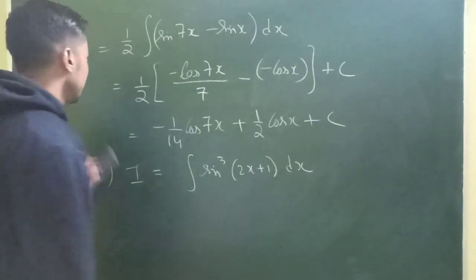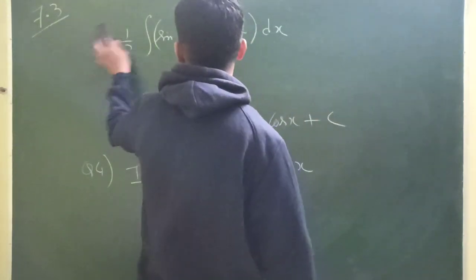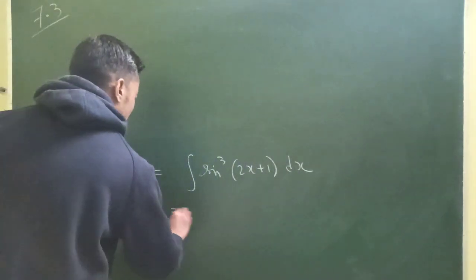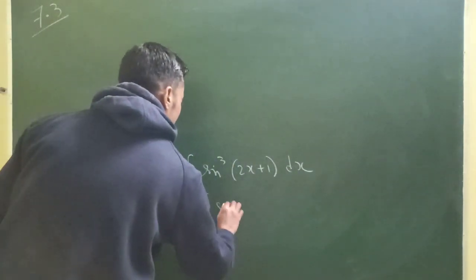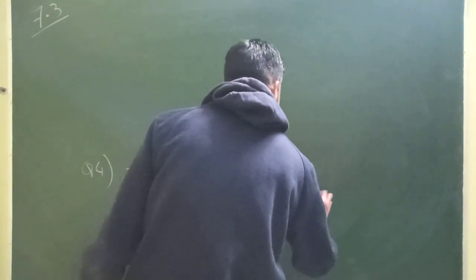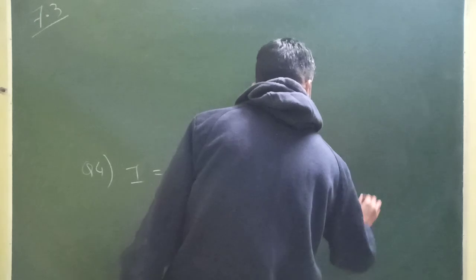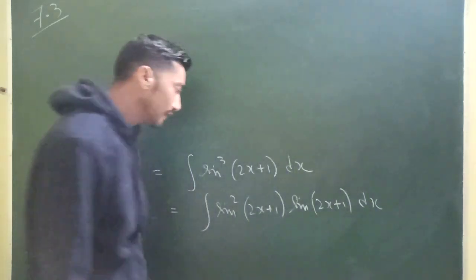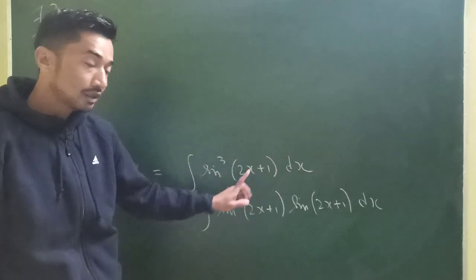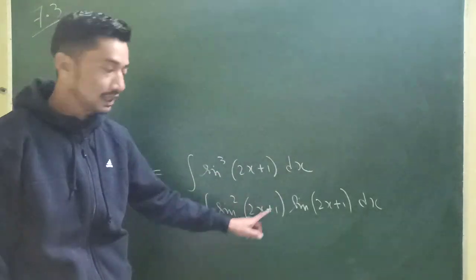Okay, so what we can do here is write this as sine squared of 2x plus 1 times sine of 2x plus 1 with respect to x. I guess no harm there. Sine cube theta can be written as sine squared theta into sine theta.